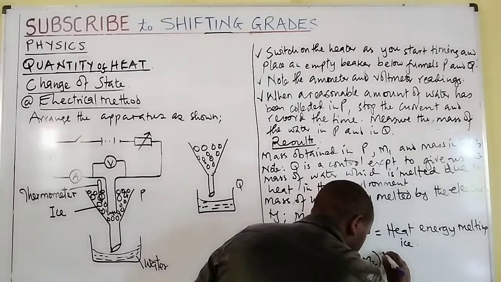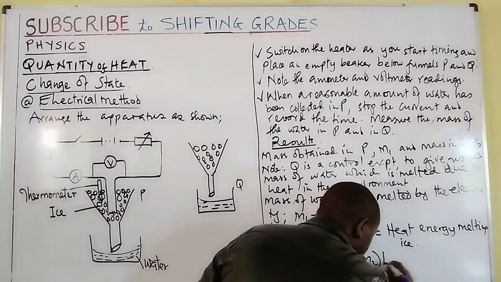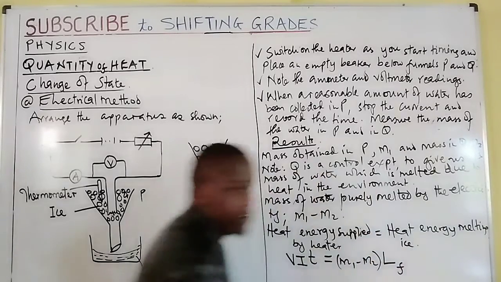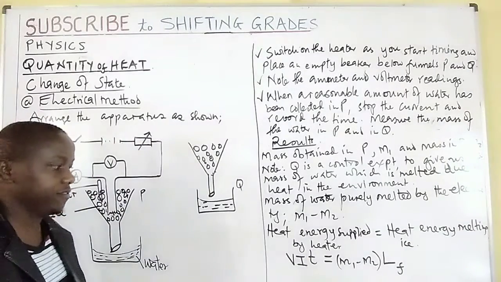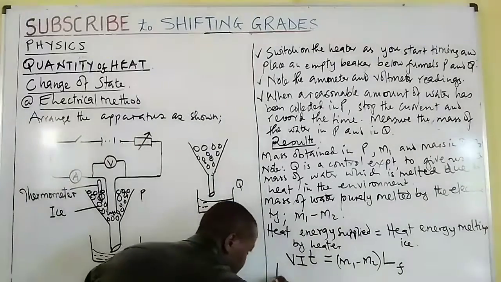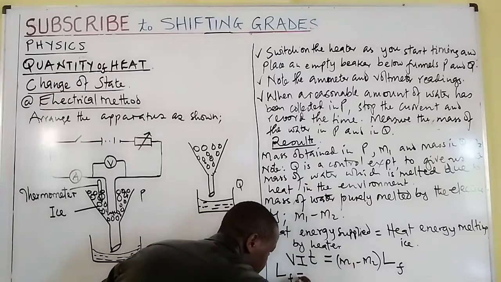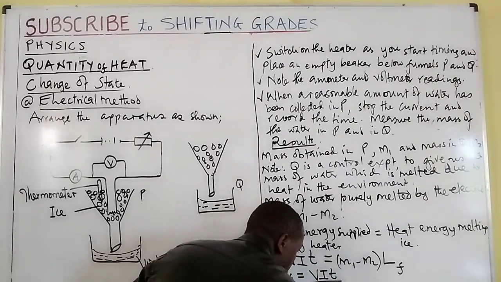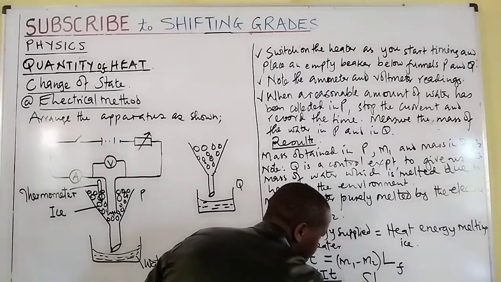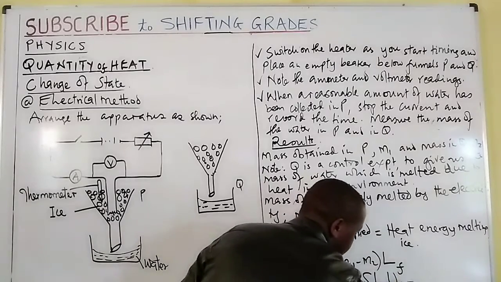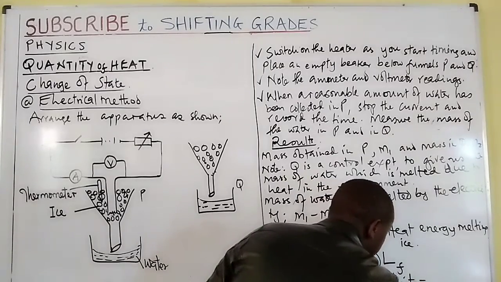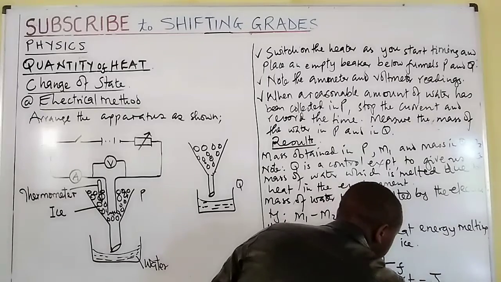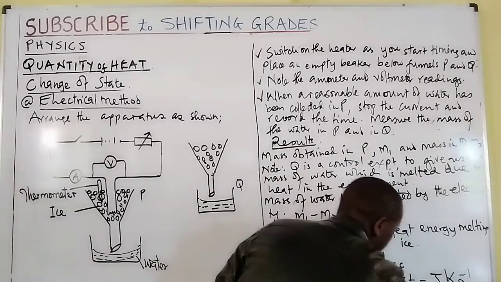Therefore, to get the latent heat of fusion of ice, it is I V t, all divided by the mass, and the SI unit will be joules per kilogram.